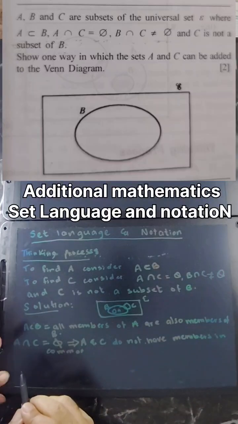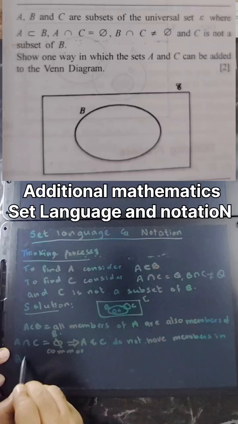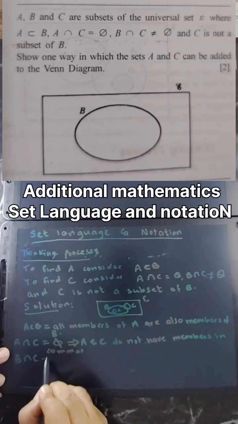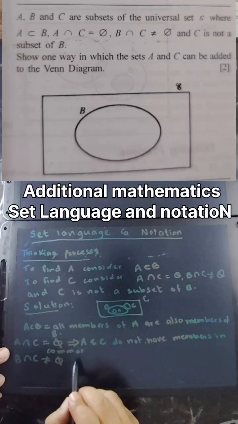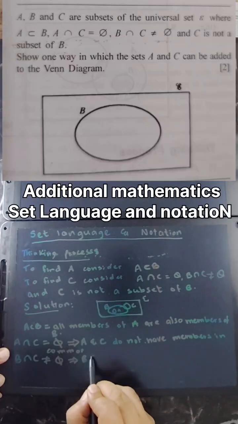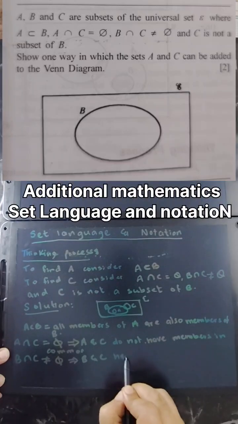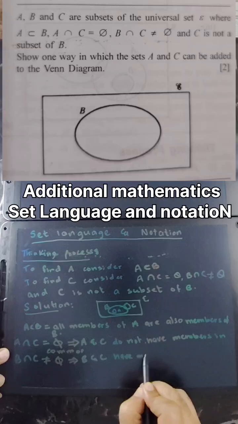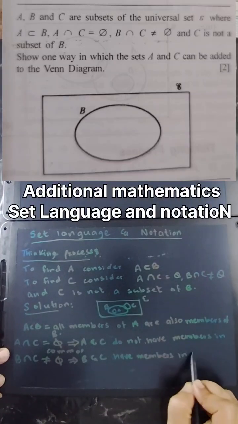And if we say B intersection C is not equal to null, it means B and C have members in common.